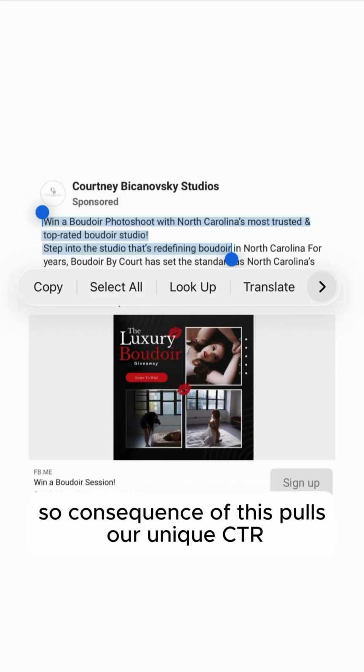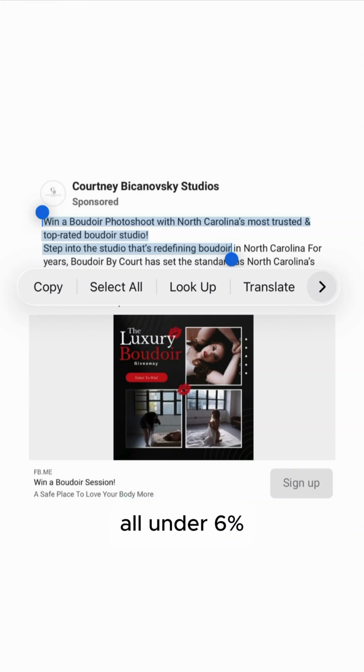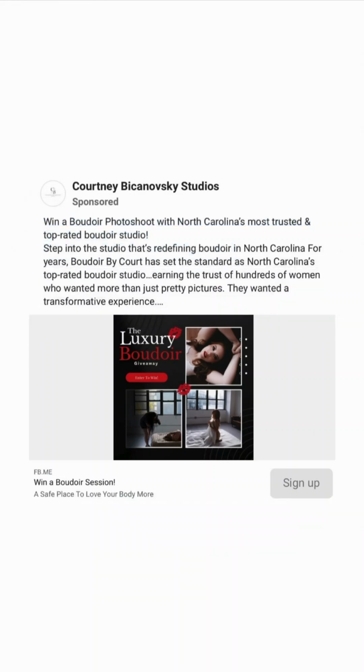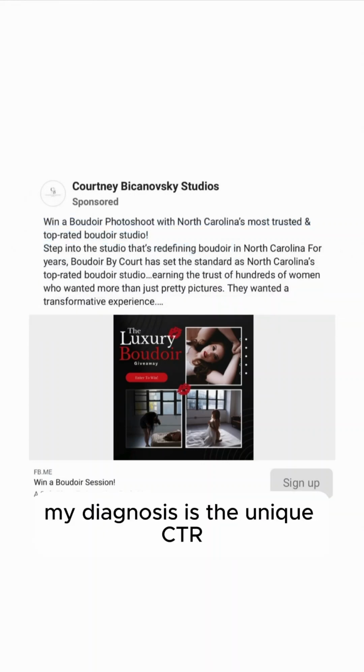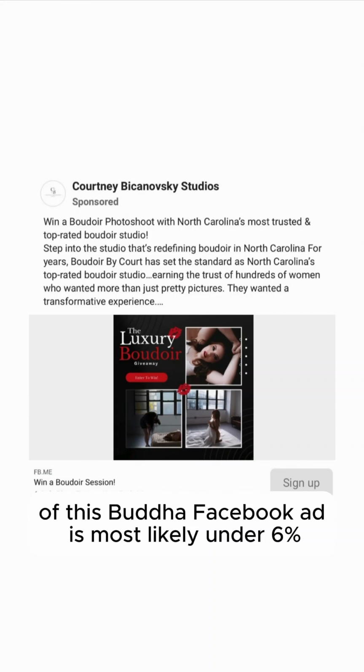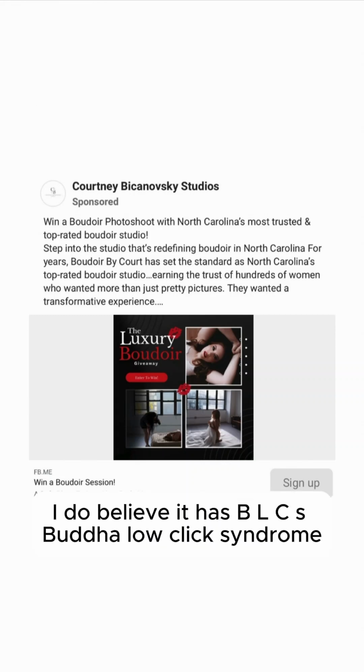So the consequence of this pulls our unique CTR under 6%, contributes to BLCS, Boudoir low click syndrome. So looking at all this, my diagnosis is the unique CTR of this Boudoir Facebook ad is most likely under 6%. Therefore, yes, I do believe it has BLCS, Boudoir low click syndrome.